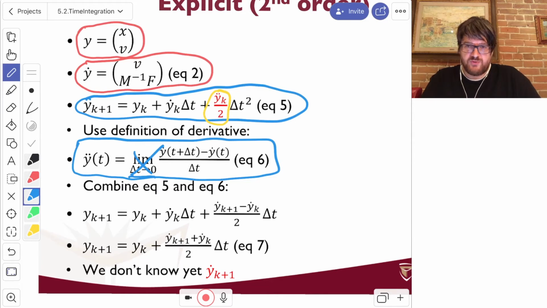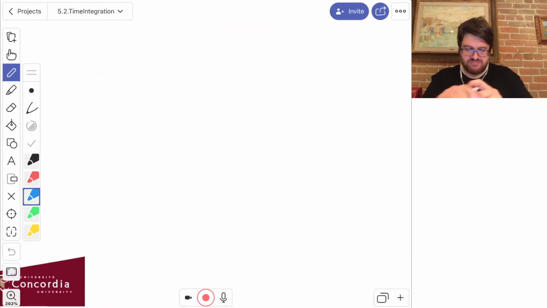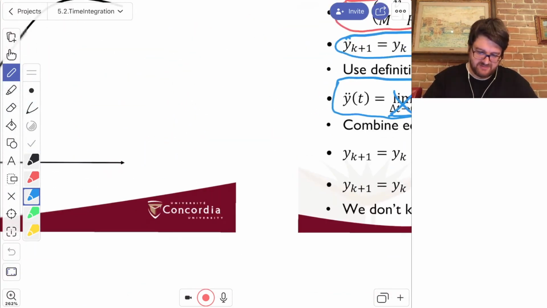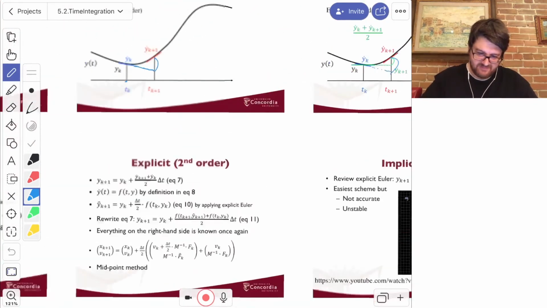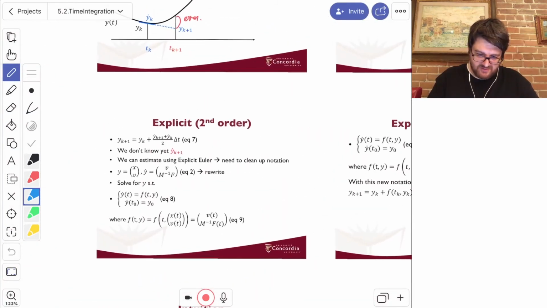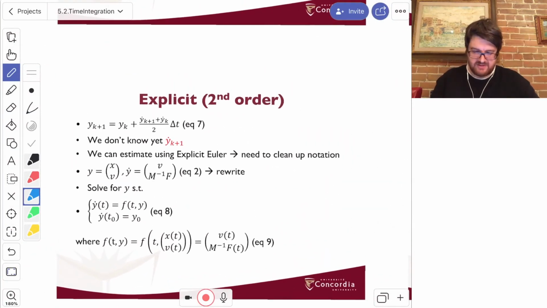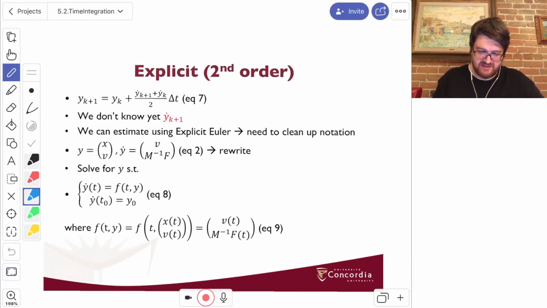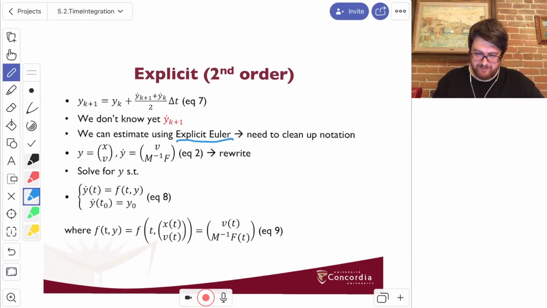So what do we do? Why not estimate it using the explicit Euler method as before?